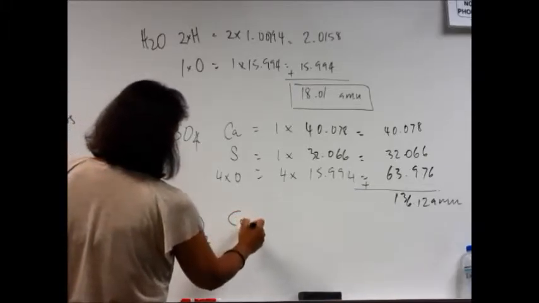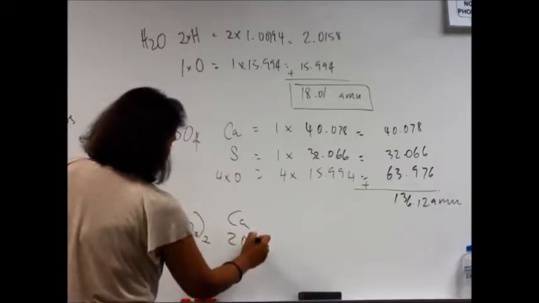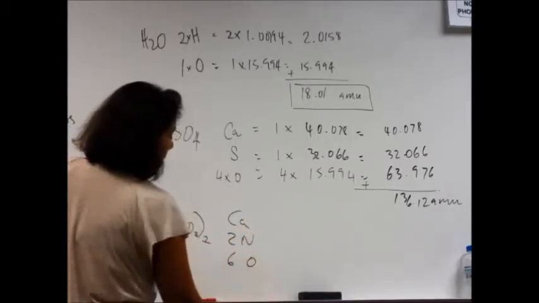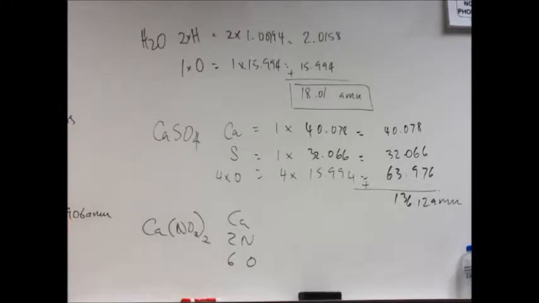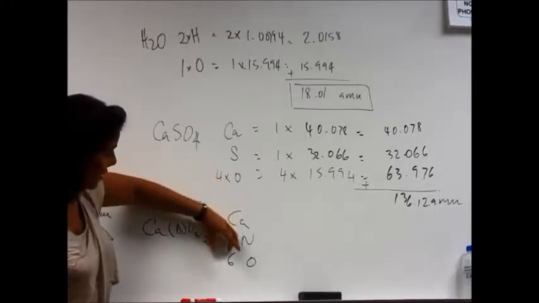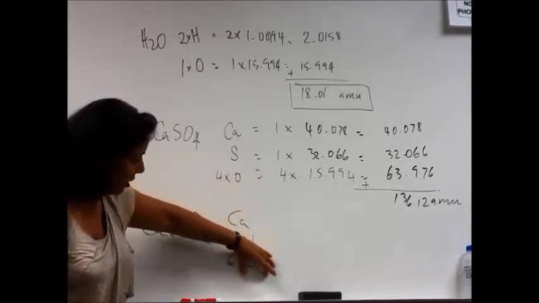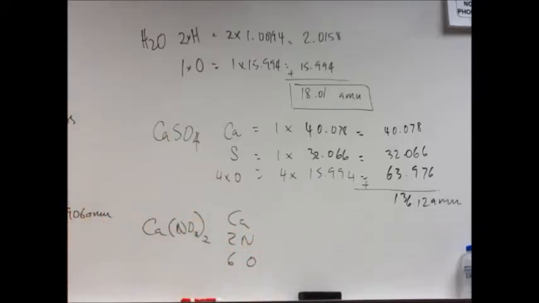So here this will be calcium, 2 nitrogen, and then 6 oxygens. What I do is I keep my numbers column over here and my alphabet column there so that I don't get messed up. All right, so now you know how to calculate the formula mass, and this is the first thing that you do: calculating formula masses for anything.